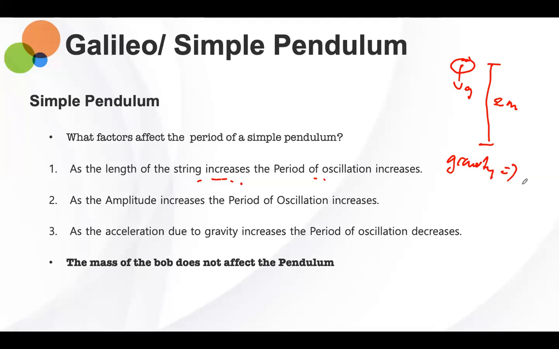So this will be G. So the acceleration due to gravity is considered G. So if the acceleration due to gravity increases, say we go on another planet with a larger acceleration due to gravity, we will find out that the period of oscillation will decrease. It will take a shorter time. Basically, the pendulum will be moving quick, as we saw in the experiment a while ago when we took a trip to Jupiter, right? We saw that there was an increase in the speed of how fast the body was oscillating.